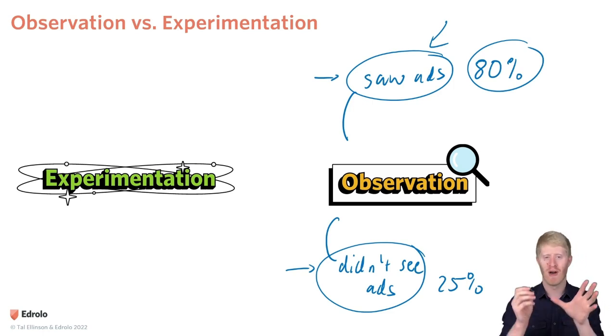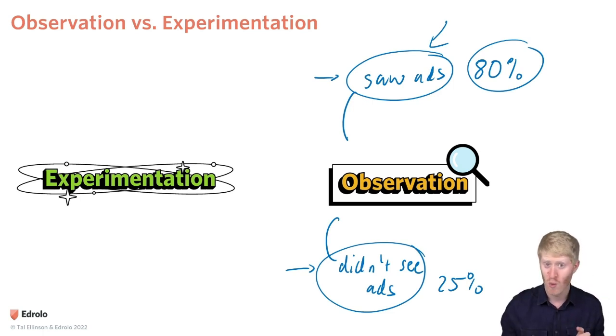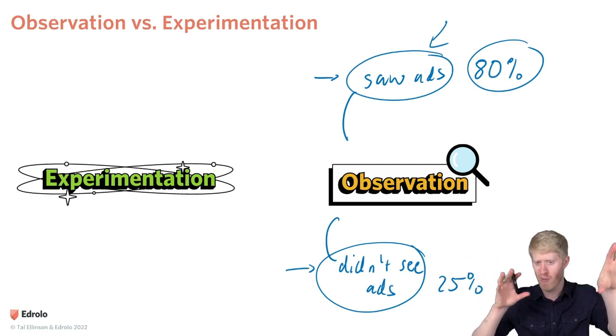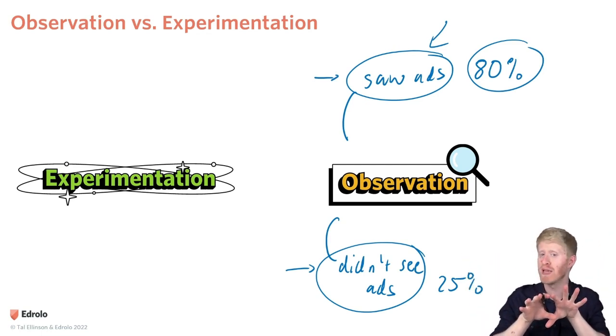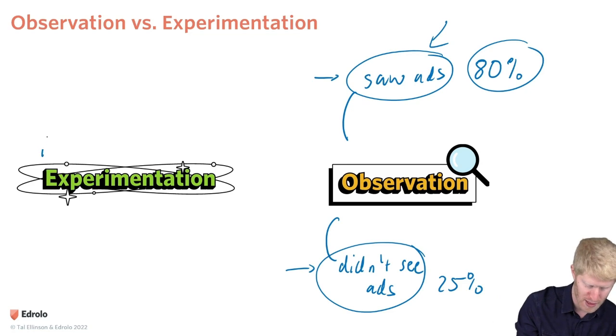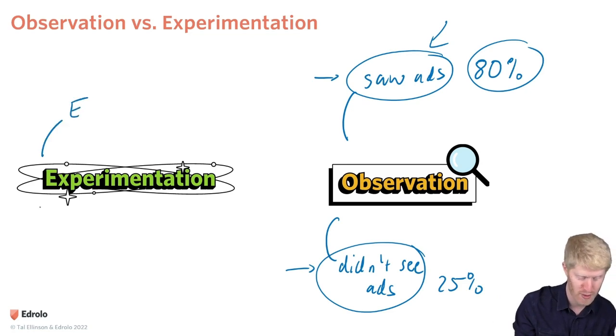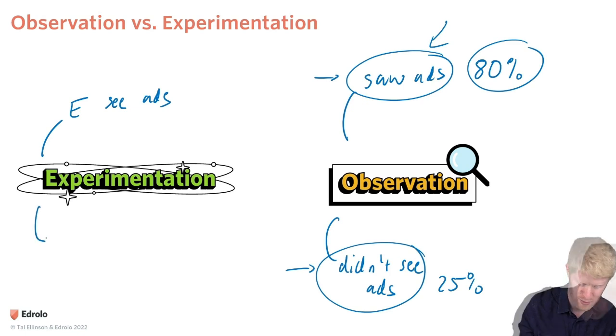Well, we want to set up a nice scientific experiment. We're going to randomly sample from the population, and we're going to put people into two groups. We'll put an experimental group up the top, the ones that we show ads to. And down here, we'll put our control group, the ones that we don't show ads to.